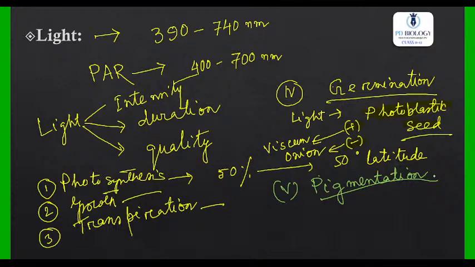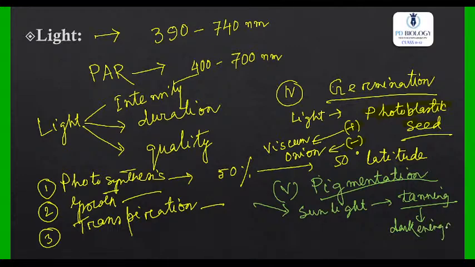That is the concept. In humans, prolonged exposure to sunlight, what happens? That causes tanning. What does it mean by tanning? That is the darkening of the skin. That is called the tanning effect of sunlight.